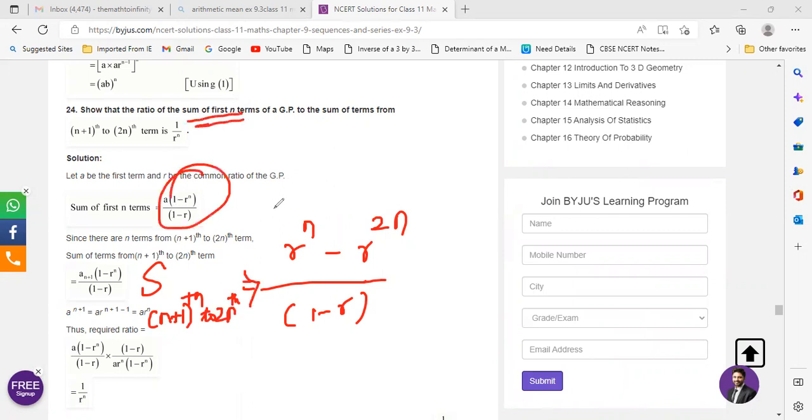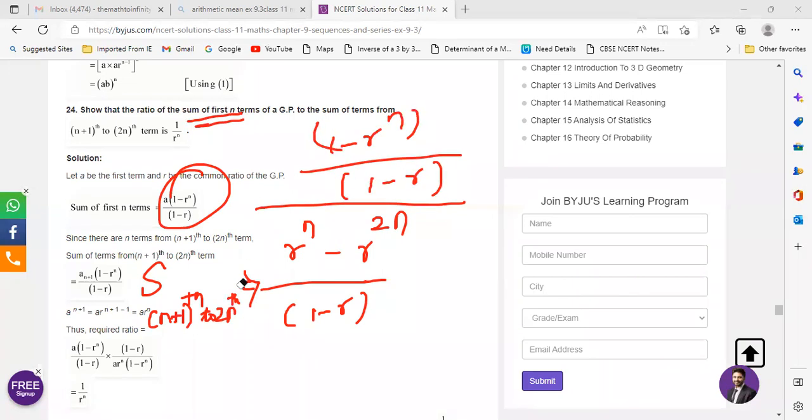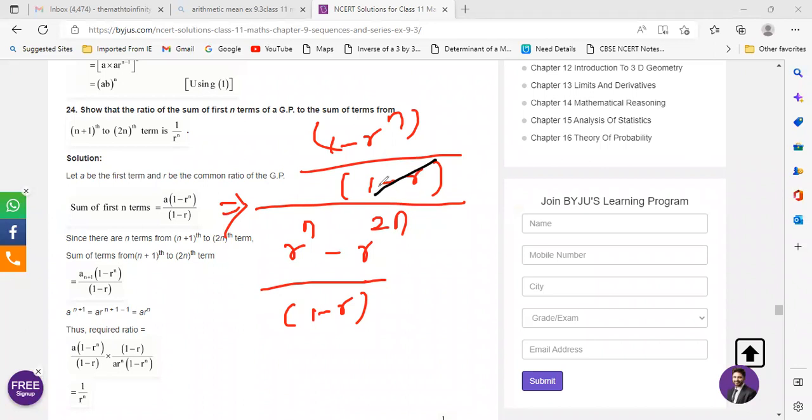So what is the numerator? The numerator we already know, which is 1 minus r raised to the power n upon 1 minus r. So you are just writing the ratio now. You can cancel out this 1 minus r and this 1 minus r. So you will be having 1 minus r raised to the power n upon r raised to the power n minus r power 2n.